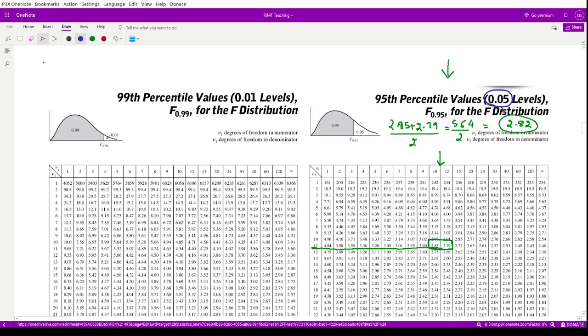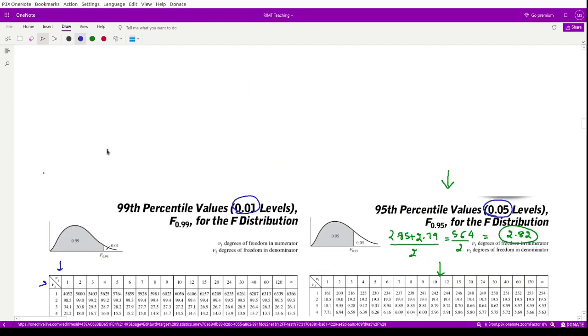For 5% level of significance there is another table, and for 1% level of significance there is another table. So we may also have a table for 2% level of significance, and we may refer to that if the value is not given to us.